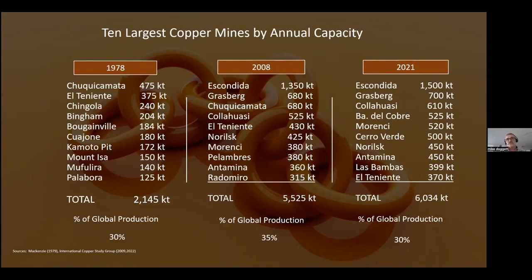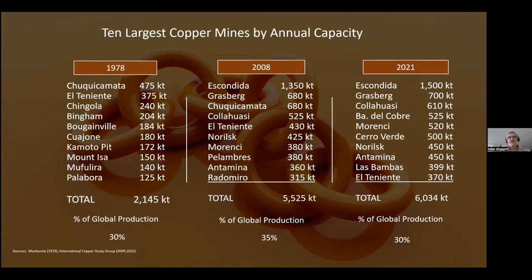You'll also start to see some indication of longevity here. That's a 30-year window. You see Chuquicamata and El Teniente, for instance, which are the top 2 mines in 1978. They're still in the top 5 mines in 2008, 30 years later. And when you think about scalability, you'll also see that those two mines, which have been in production for 30 years, have scaled up.